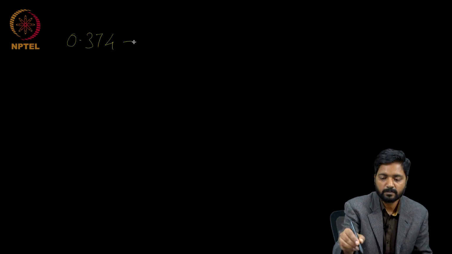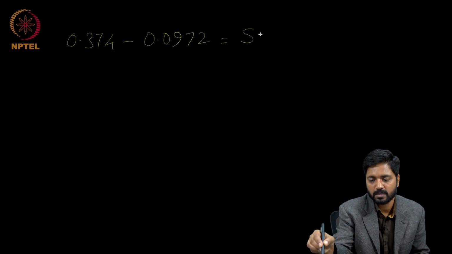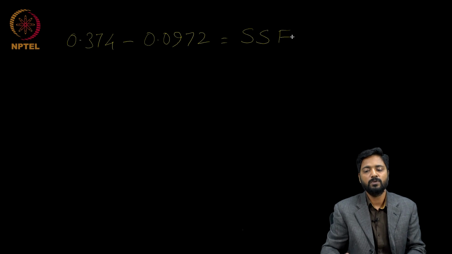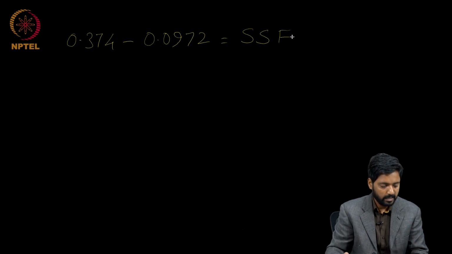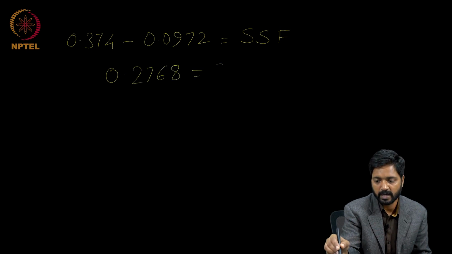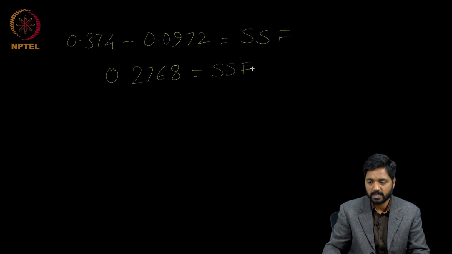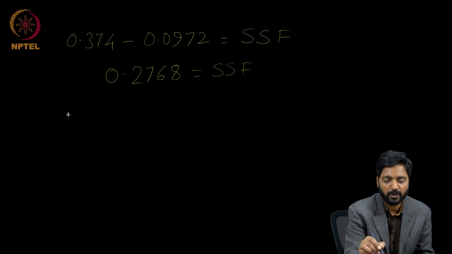The SST is provided as 0.374, and from that if we subtract the 0.0972, this will give us the sum of squares due to factors, and this turns out to be 0.2768 as the SSF.